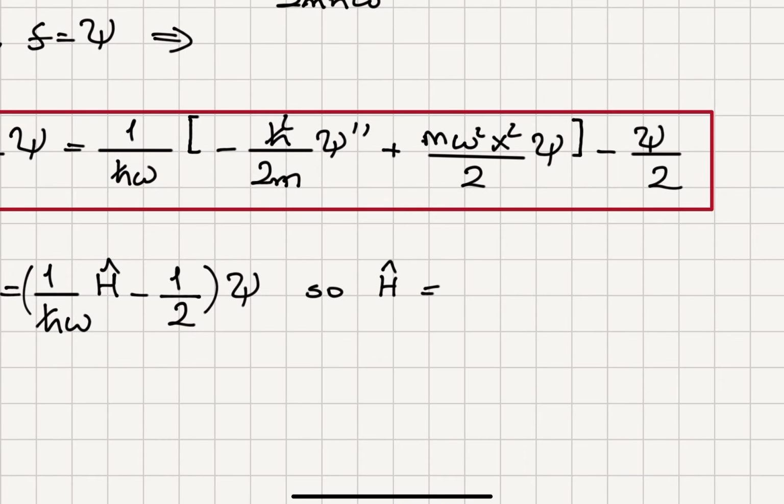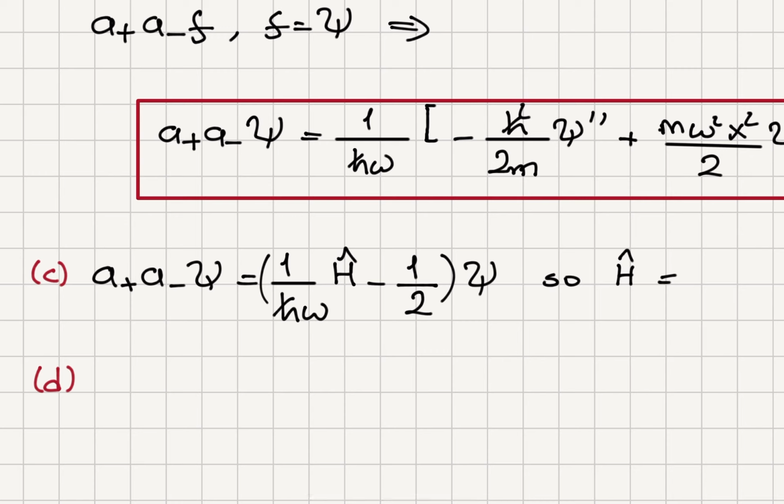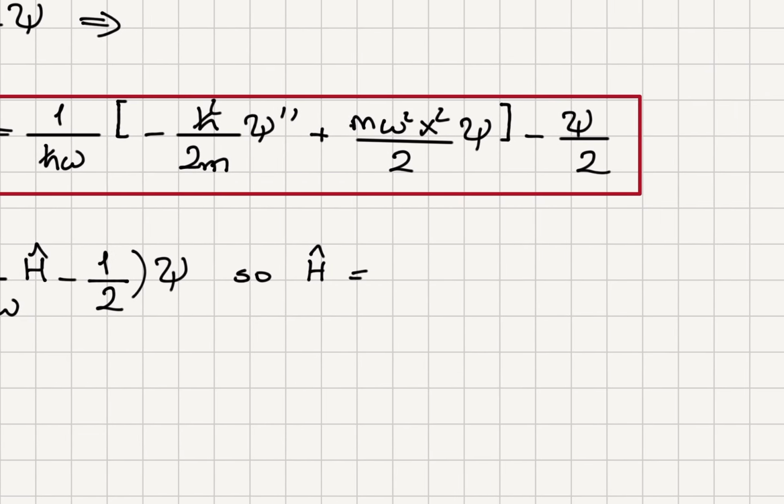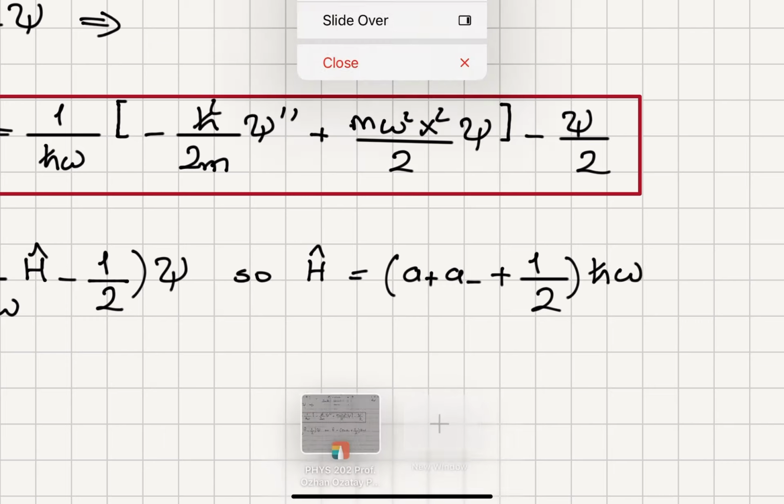So we can write the Hamiltonian operator as A plus A minus plus 1/2 times h bar omega. So this is going to be A plus A minus plus 1/2 times h bar omega.